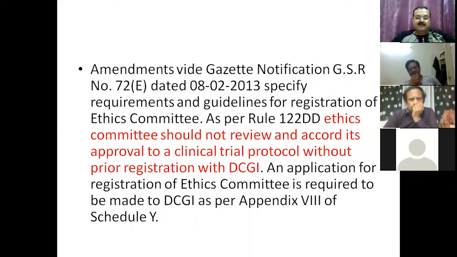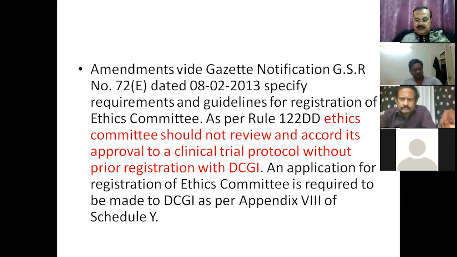Another important thing for all of us to remember is that the ethics committee, which is reviewing the protocol and providing approval for clinical trials, should be registered with DCGI. Now there are more centers working, and all thesis work is considered clinical work, especially in clinical sites like surgery, medicine, clinical branches.